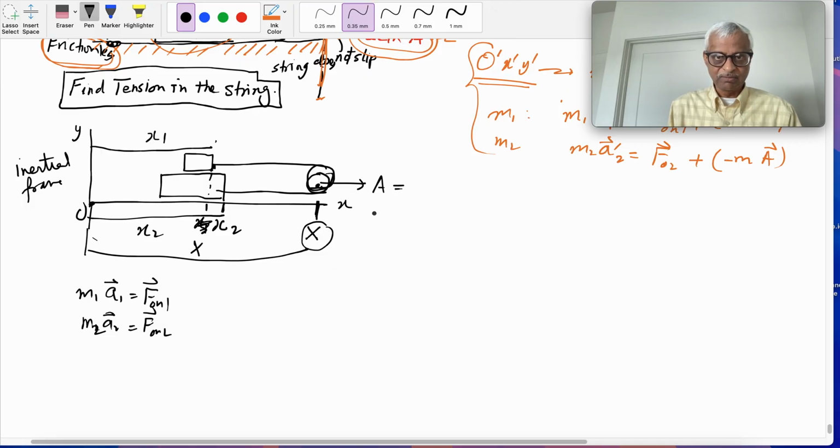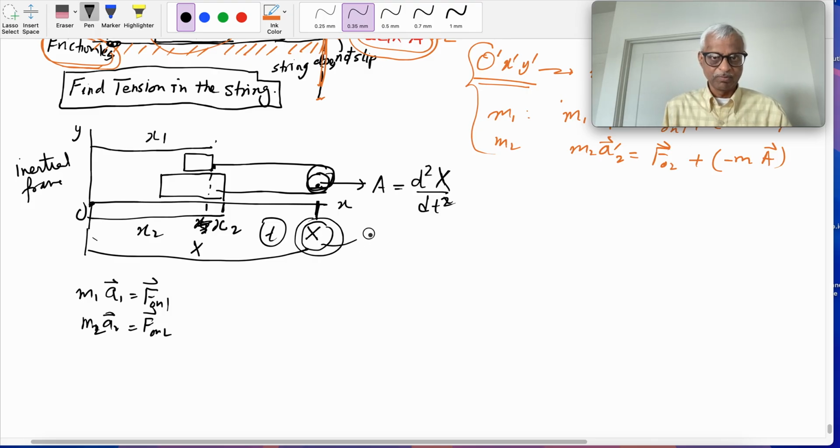So this A is basically the second derivative of this. This is an instant t. So A equals d squared big X over dt squared. That's the relation between them. If I can relate these to X, then there will be a relation between them.